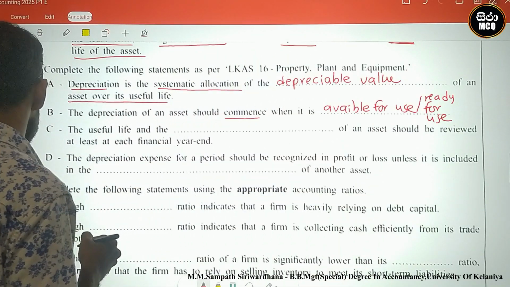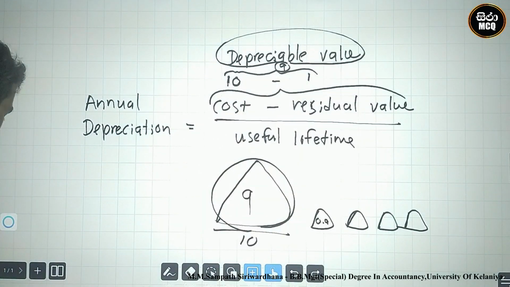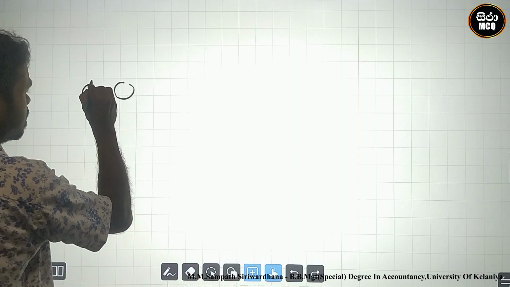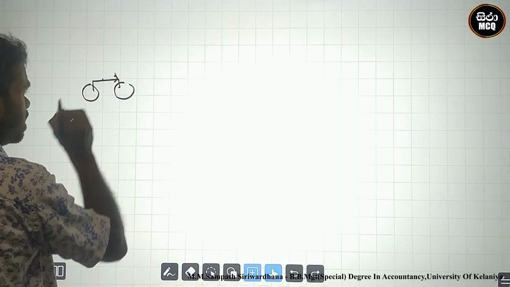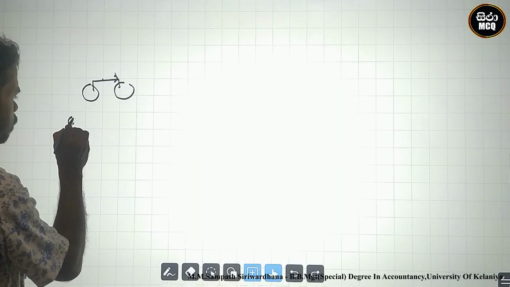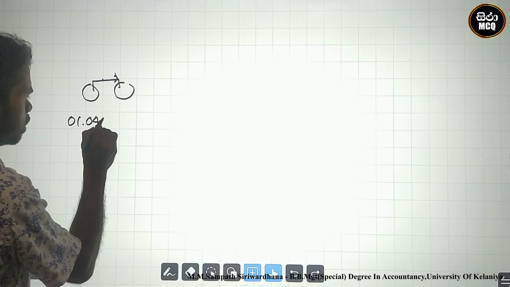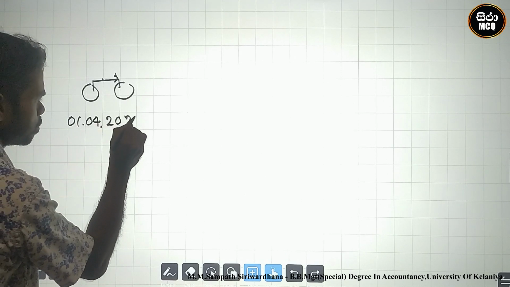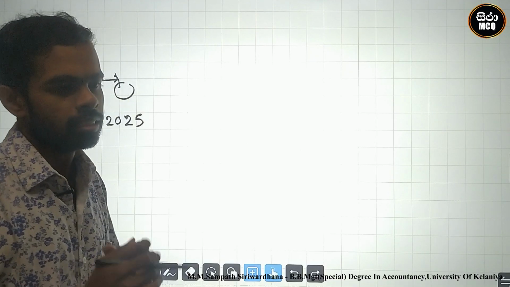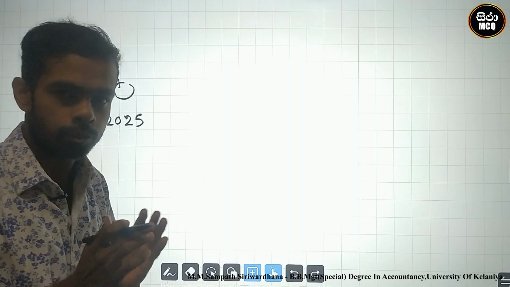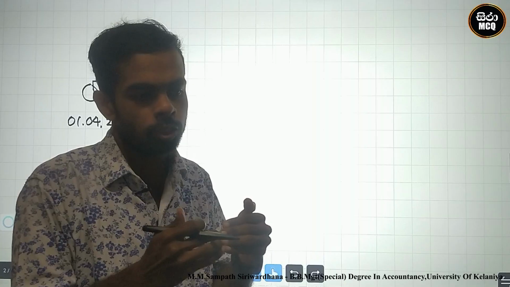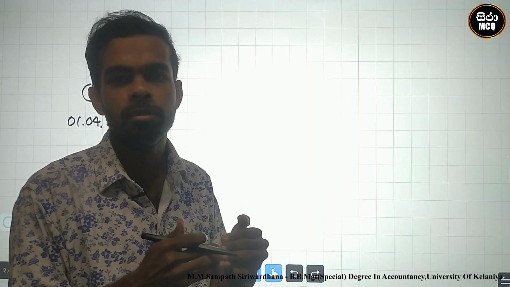Look at this example. I purchased a motorbike, an old version bike, on 1st April 2025. But I cannot depreciate it yet. Why? For depreciation, the asset must support an income generating purpose.